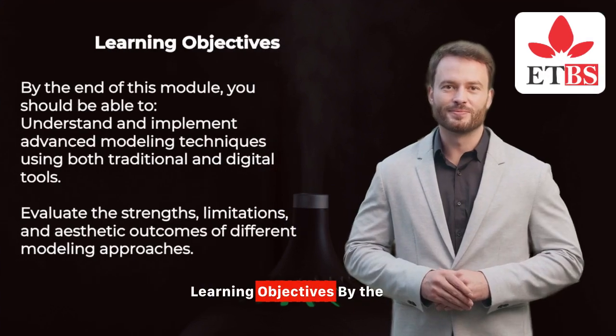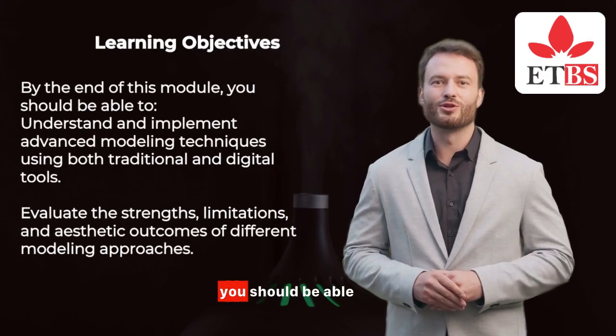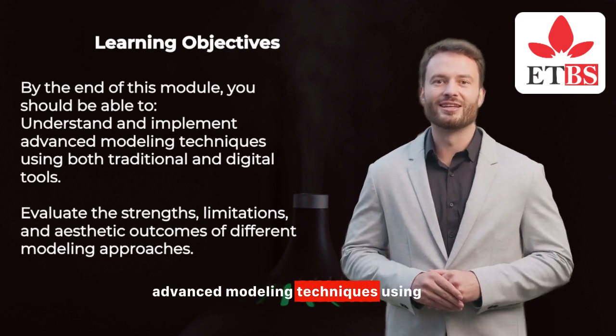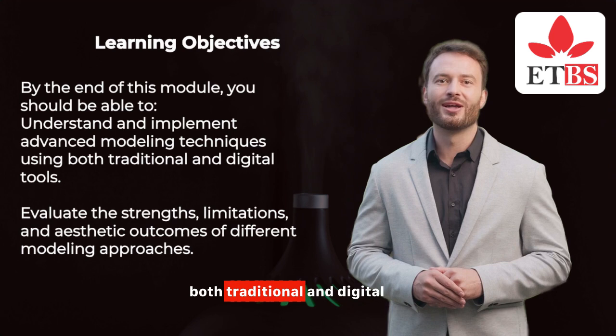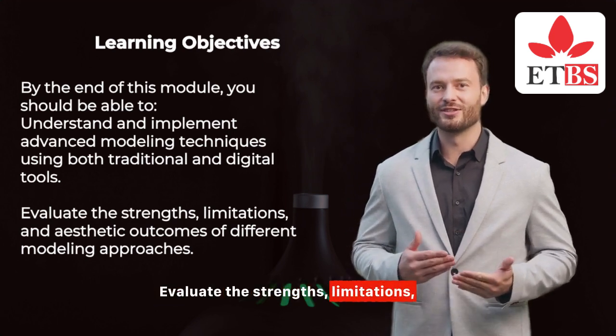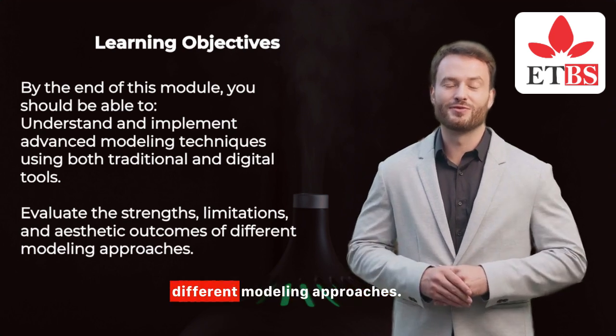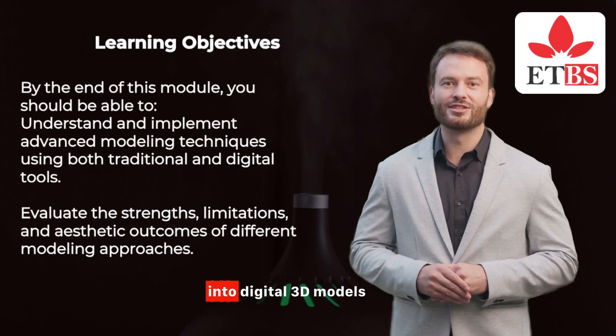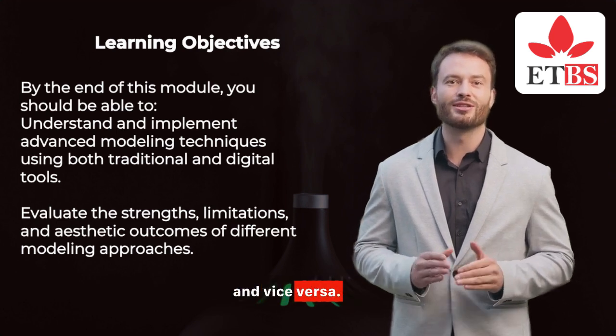Learning objectives. By the end of this module, you should be able to: understand and implement advanced modeling techniques using both traditional and digital tools. Evaluate the strengths, limitations, and aesthetic outcomes of different modeling approaches. Transition physical sculptural sketches into digital 3D models and vice versa.